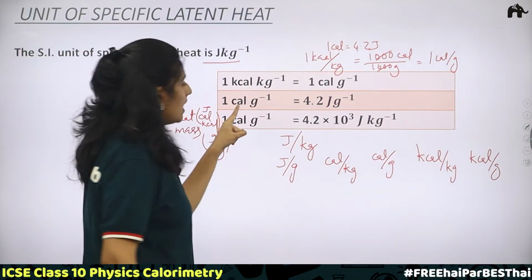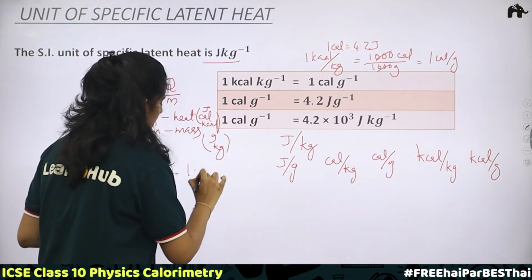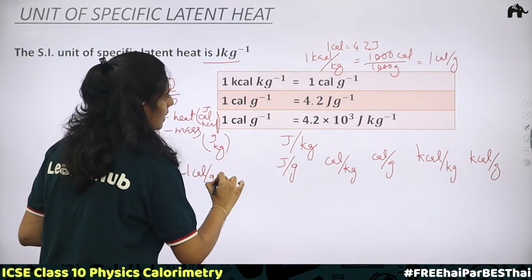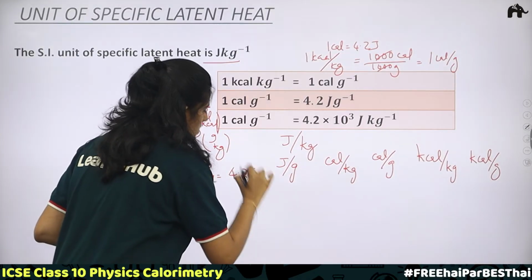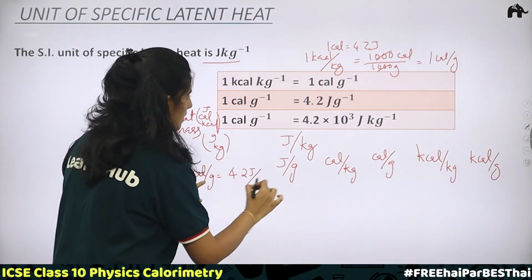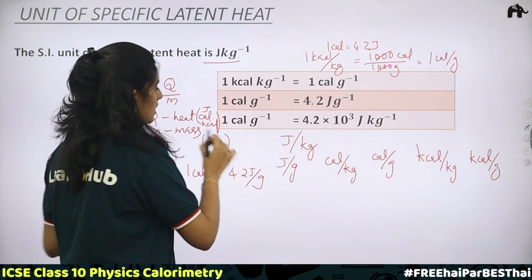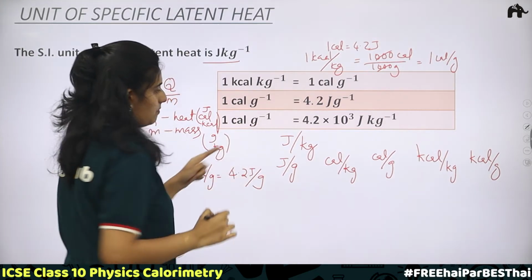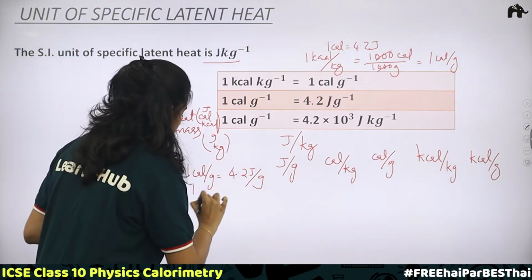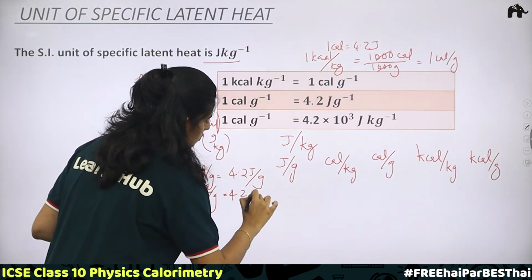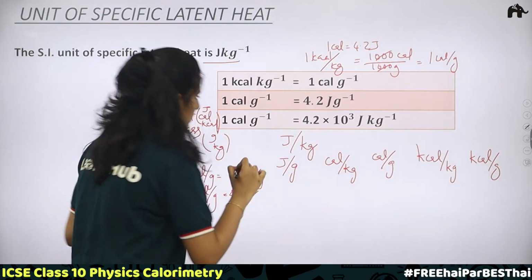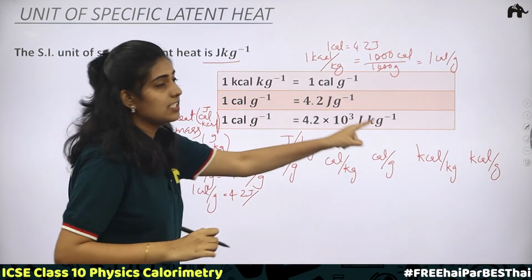Next, 1 calorie per gram will be equal to, 1 calorie we know is equal to 4.2 joules, per gram. Now, we are changing to kilogram.